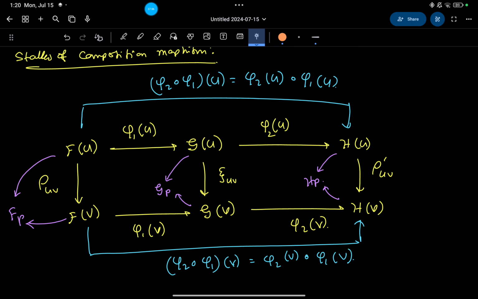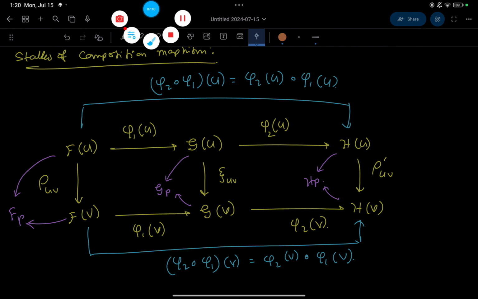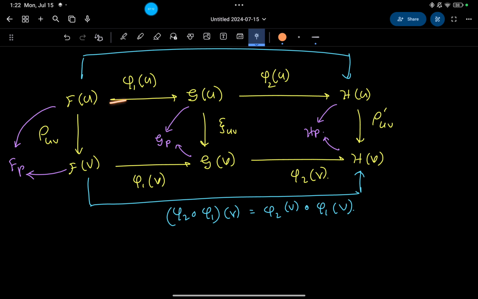Now think about this particular composition map. Let's just move it like this; let's not write it like this, just write it like this.